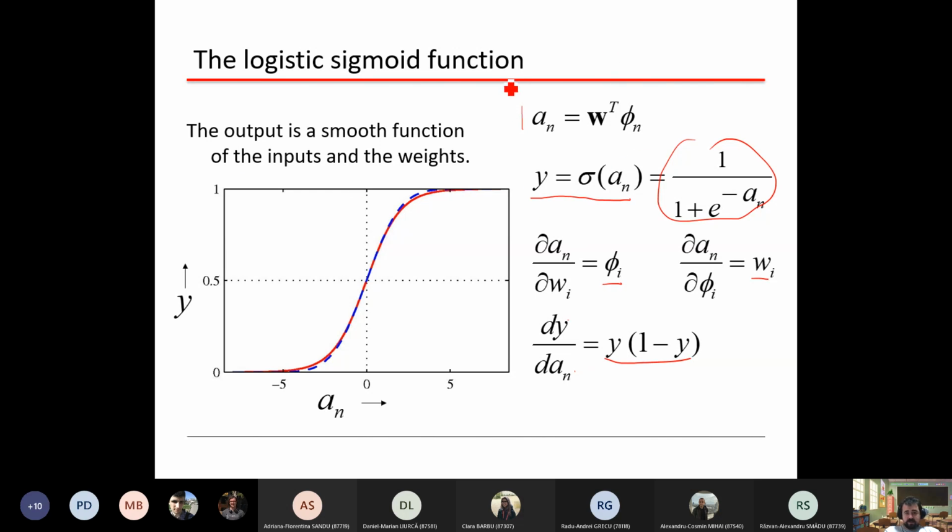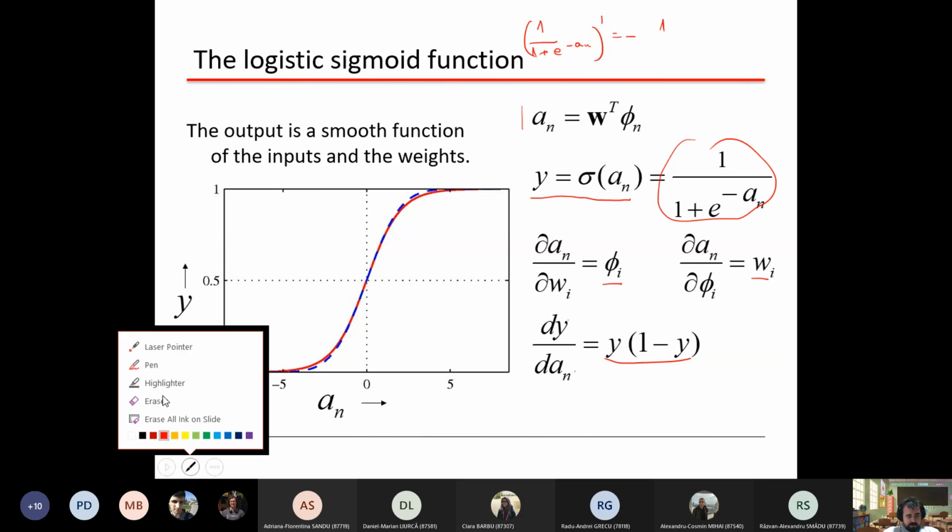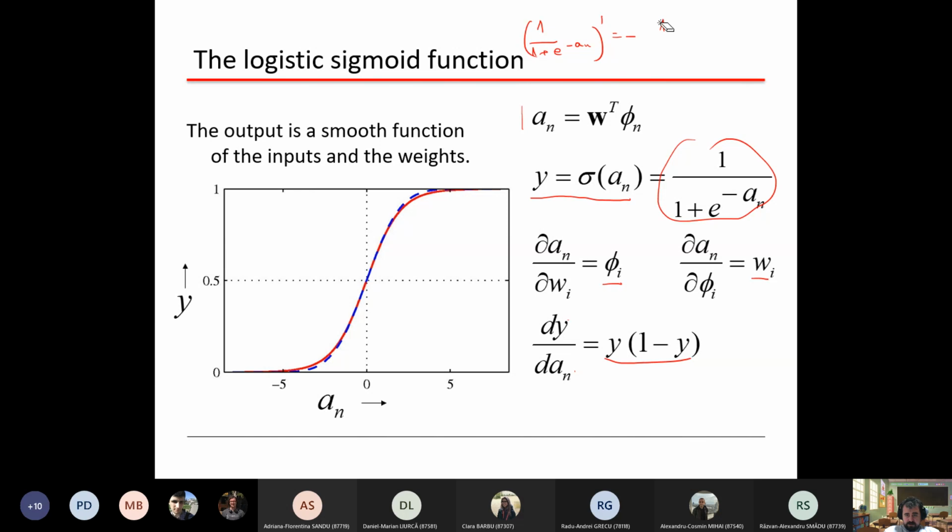Let's see. So we have 1 over 1 plus e to the minus an, differentiated. That will be minus 1 divided by, sorry, here is this.